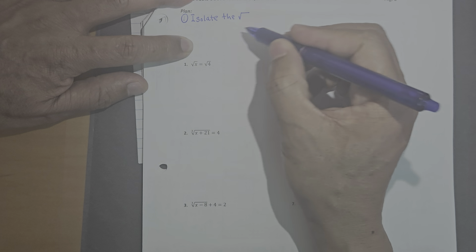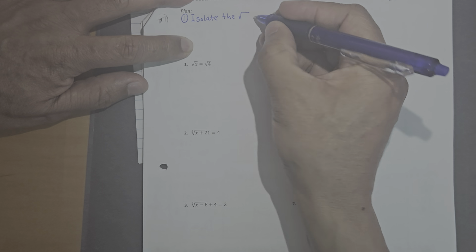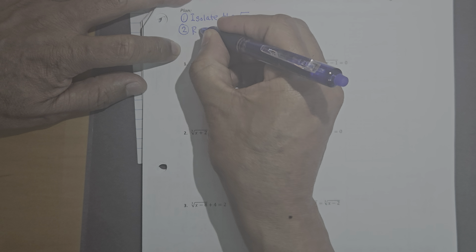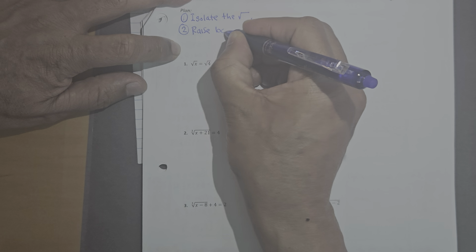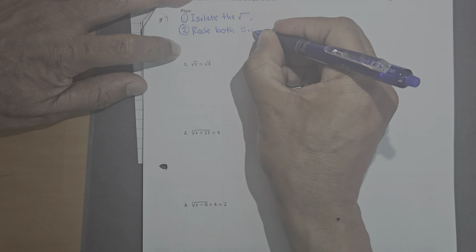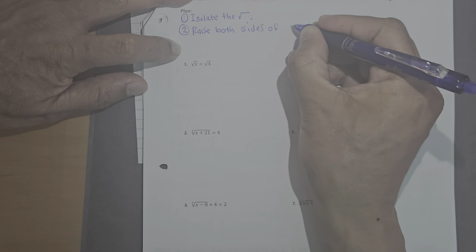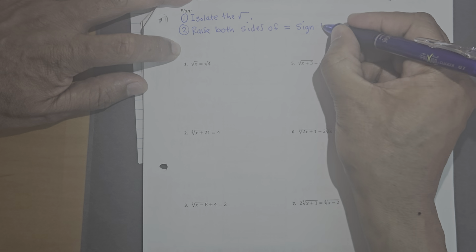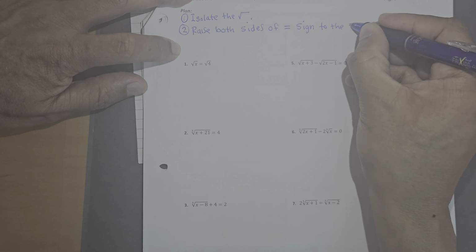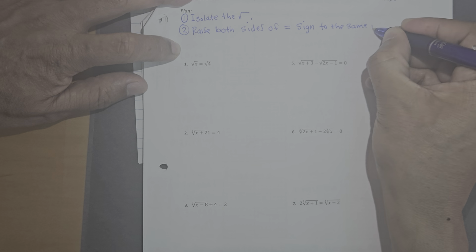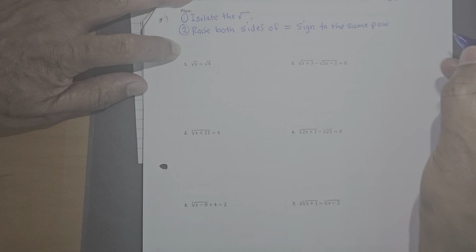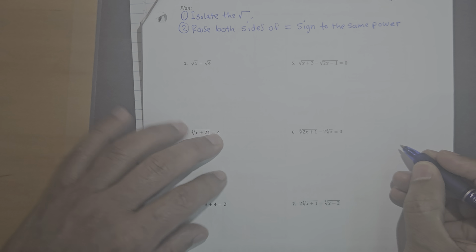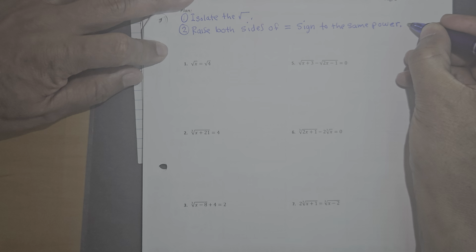You might have radicals on the 2 sides of the equation, but still what you do is on step number 2, you raise both sides of the equal sign to the same power. So if it's the square root, then you take the square of the 2 sides. If it's the cube root, then you take the cube. I mean, you take the cube, not the cube root.